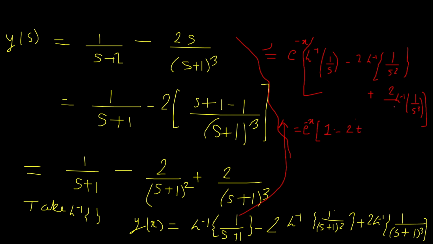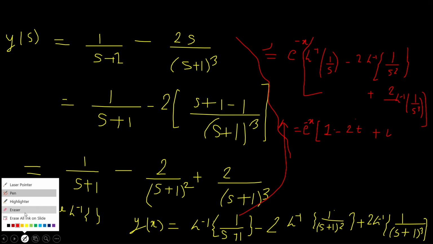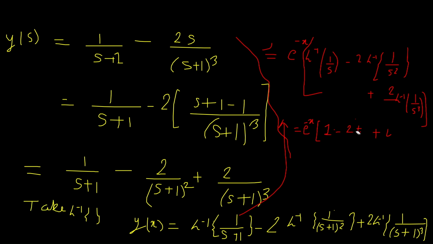Here we need to divide by gamma 3, which is 2, so it will be x square. Sorry, I had taken it as a function of t, it should be x.